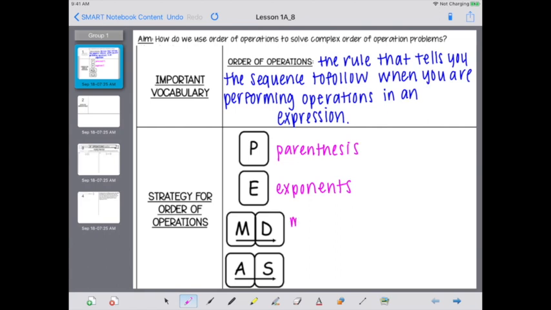Multiplication and division. You want to perform multiplication and division, whatever comes first in the expression when you go from left to right.